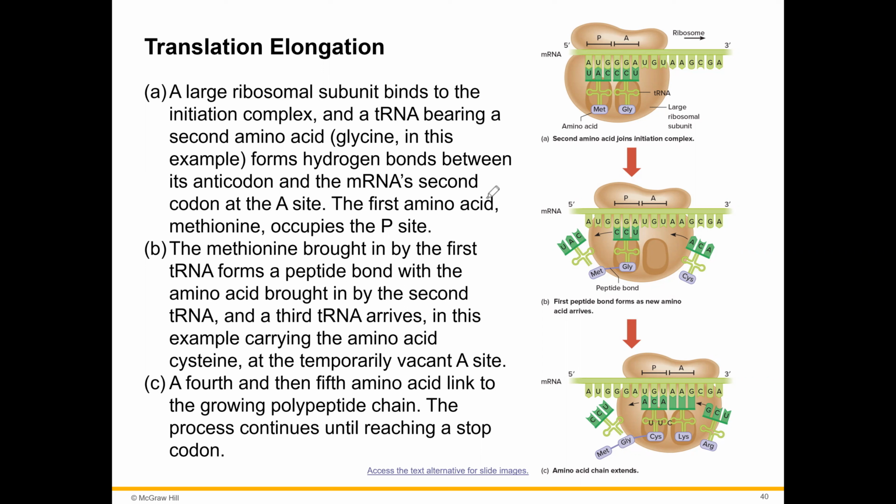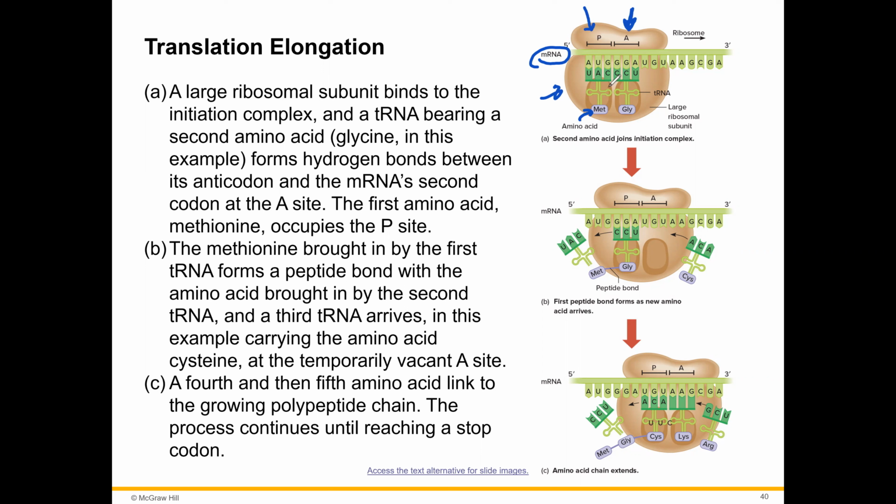So let's see on a diagram here. Let me just draw. Here's our messenger RNA, our small ribosomal subunit and large ribosomal subunit. In initiation, we had the small subunit, mRNA, and the first amino acid, methionine. Where methionine is attached is called the P site. And then we have another site called the A site.